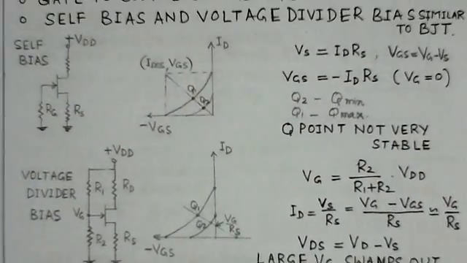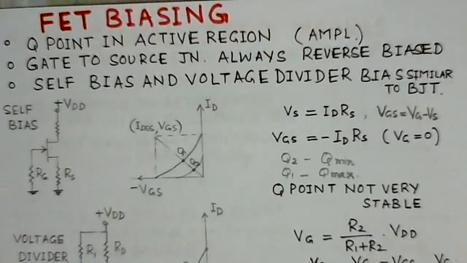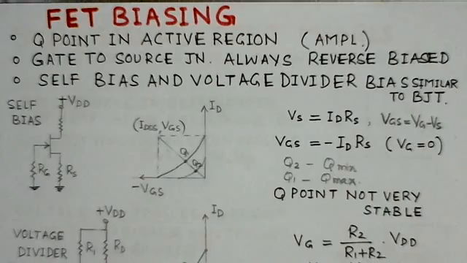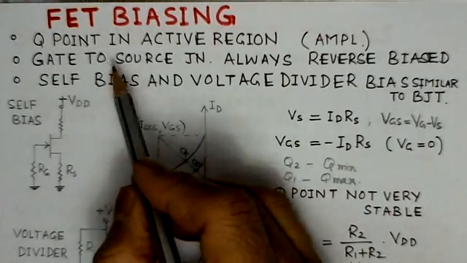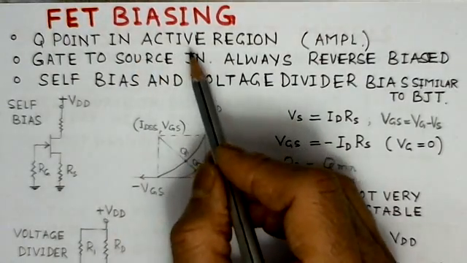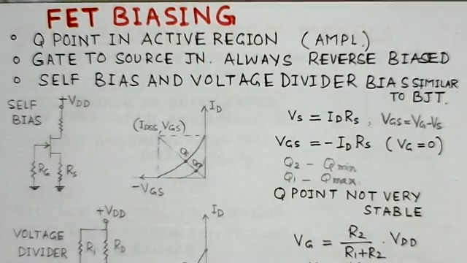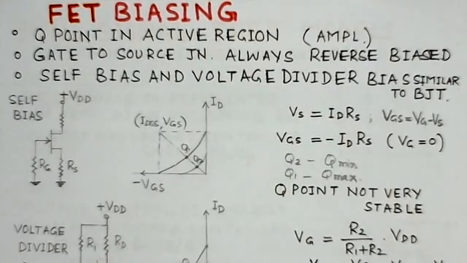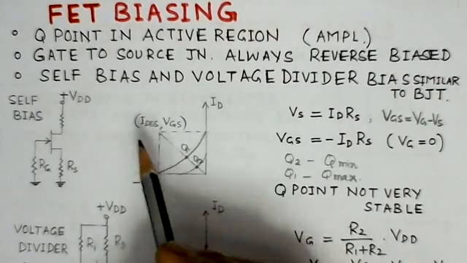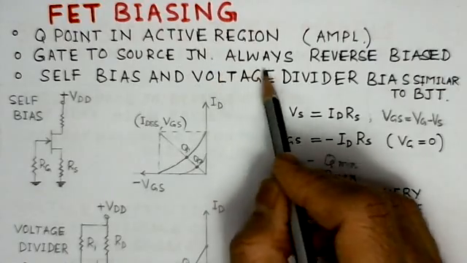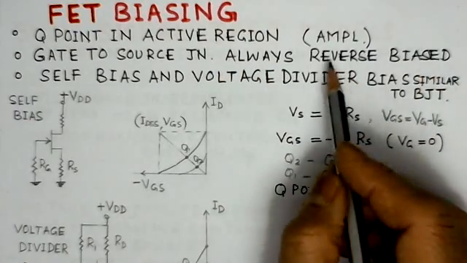Now we'll see the biasing part for the field effect transistors. We observe here that the Q point is selected in the active region when we want to operate it in the amplifier mode. The important point is that the gate to source junction is always reverse biased.